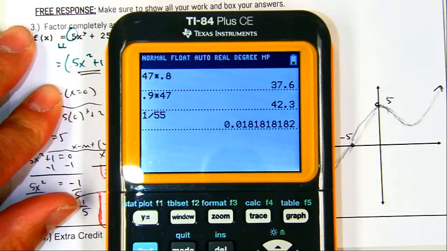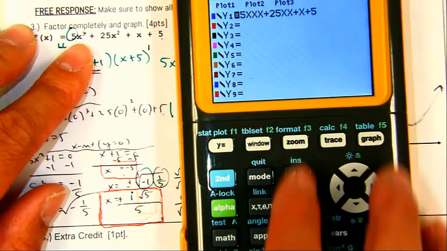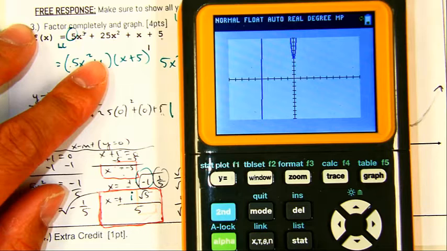5x to the third plus 25x squared plus x plus 5. Zoom 6. Means I'm going to have to go a lot higher on the y values.